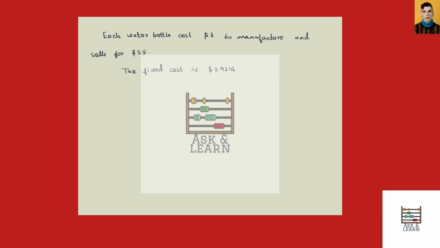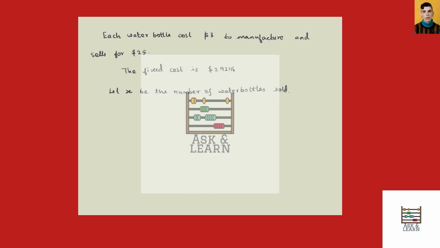First, we can find P of X, so we need the cost function and revenue function. Here, let us consider X to be the number of units, that is the number of bottles that are sold.